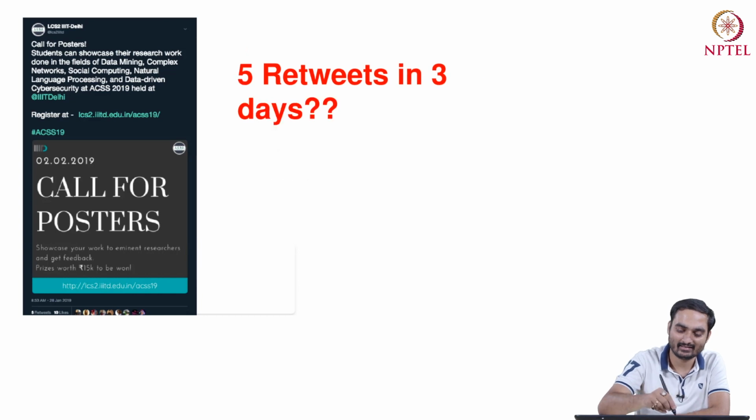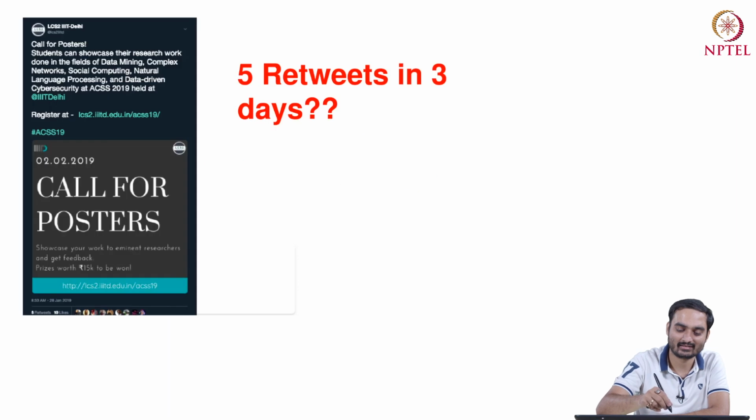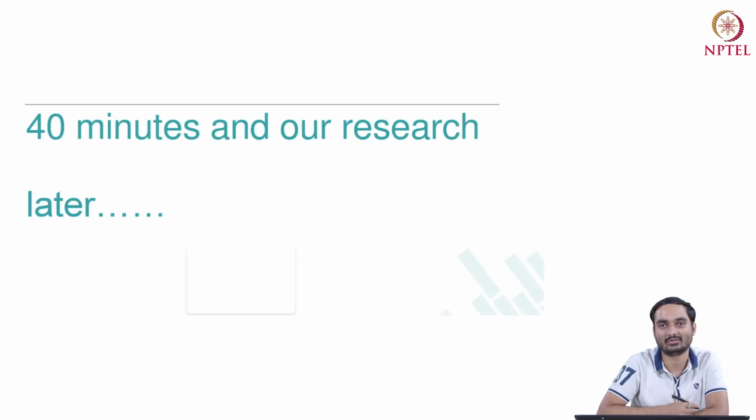So you all agree that publicity is really hard, and when it comes to organic publicity, you really need a wide reach, so that people can just look at your tweet and automatically retweet it.